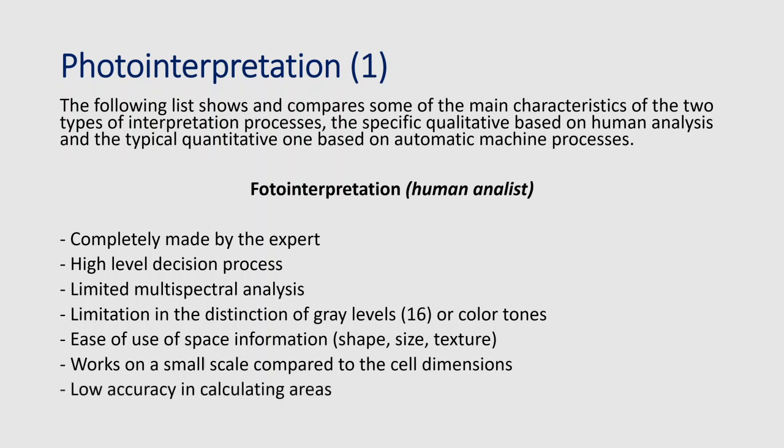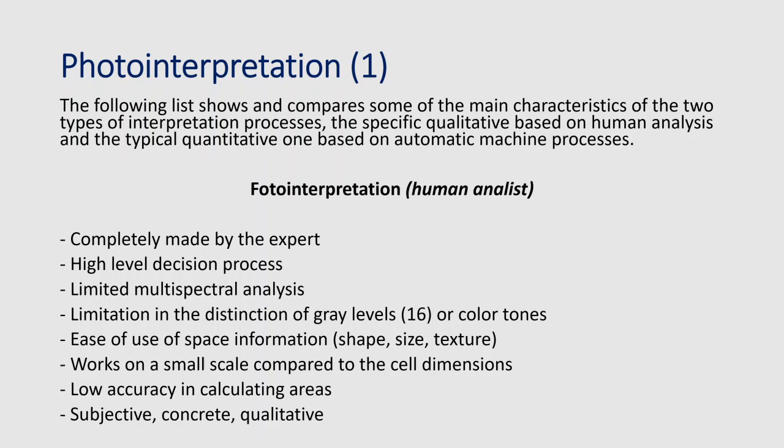We have a very low accuracy in calculating areas, of course. We cannot calculate areas directly, simply by observing and photointerpreting the data. And this photointerpretation process is subjective. That means that every single individual can interpret the same object in different ways.